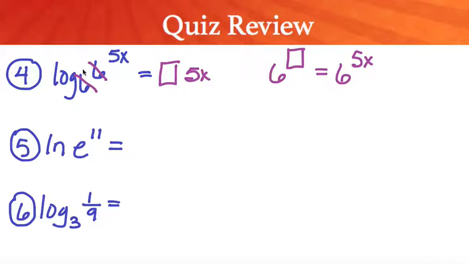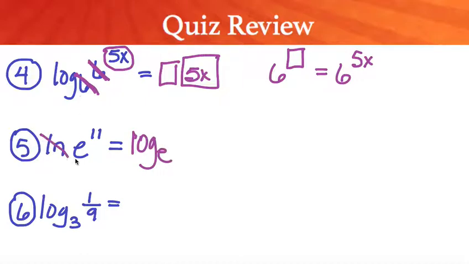Again, it's kind of a trick question because the property says that if the base of the log is the same number as the base of the exponent, the answer is going to be whatever the exponent is. So the answer is 5x. All right, let's do it again. This time, it's the same kind of question where we're using the property of a log. ln actually stands for LE, so I'm going to write it LE so that you can see it.